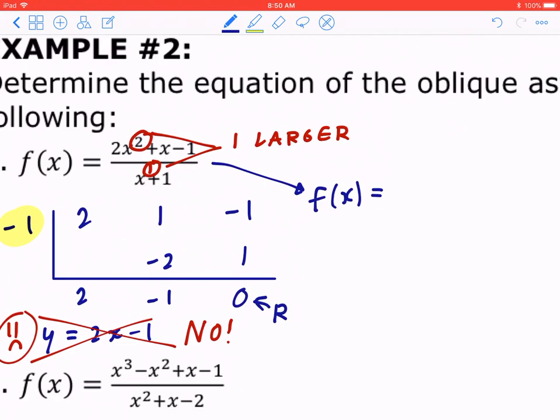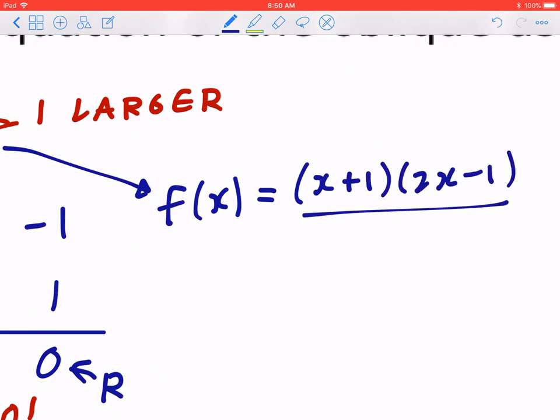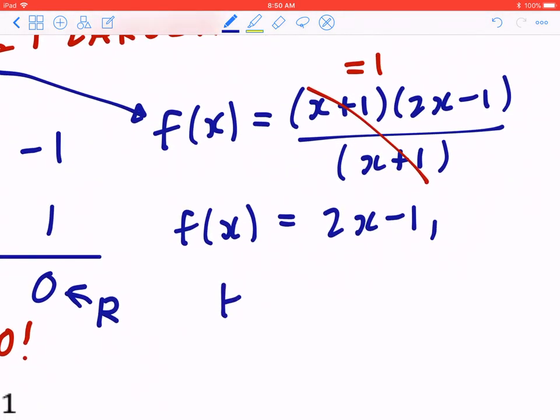At the top, 2x squared plus x minus 1, you can factor this as x plus 1 times 2x minus 1. And again, you can copy the denominator. You will notice that the top and the bottom, you can factor out x plus 1. This implies f of x equals 2x minus 1, where there's a cavity, also known as a hole, at x equals negative 1.